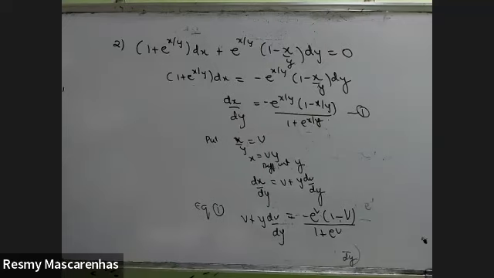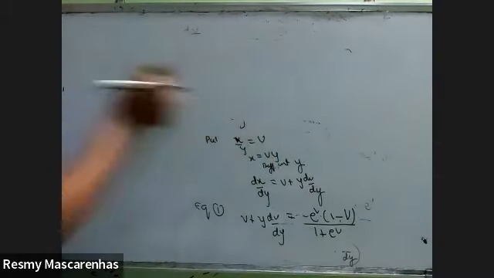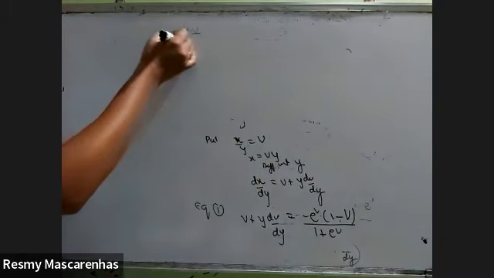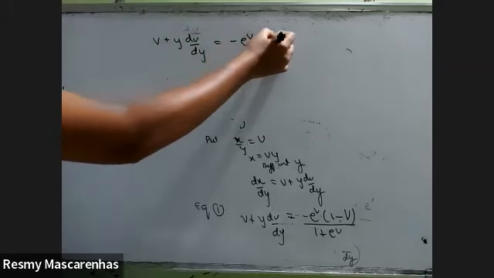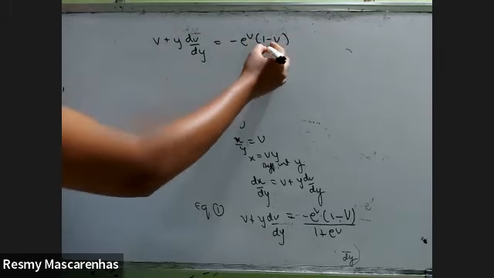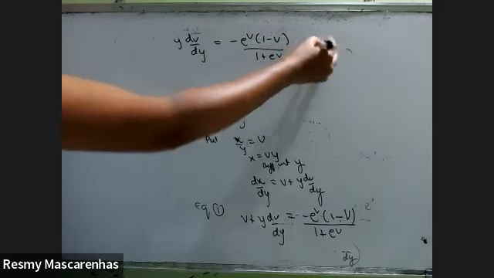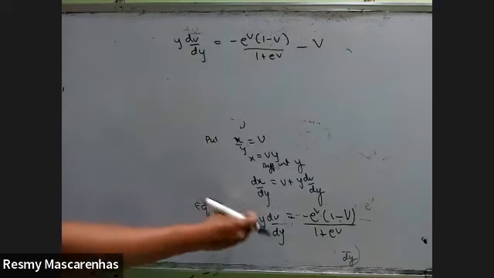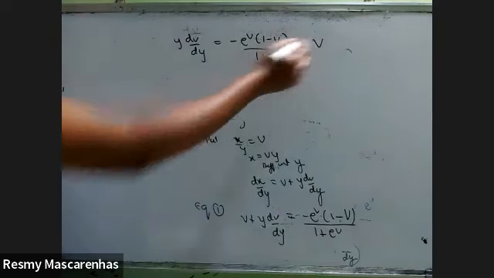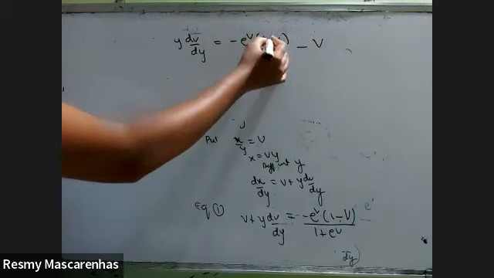Now take v on the other side. This v, I took it on the other side, it became minus v. Now cross multiply. And open up this bracket also. Minus into minus.